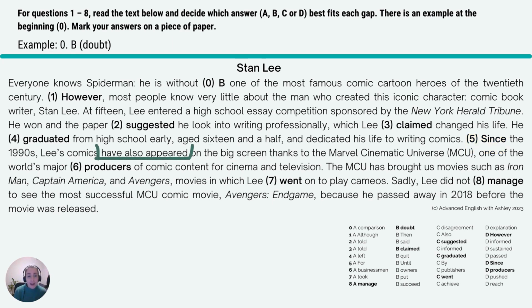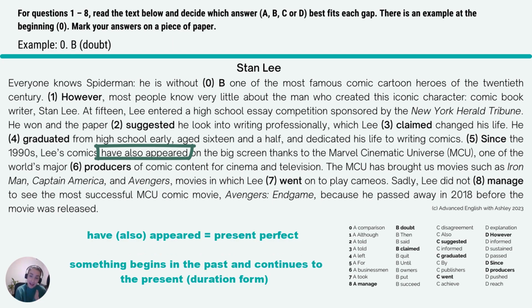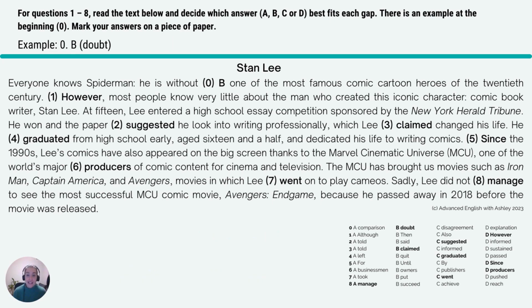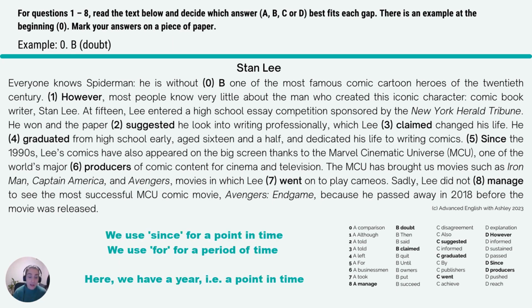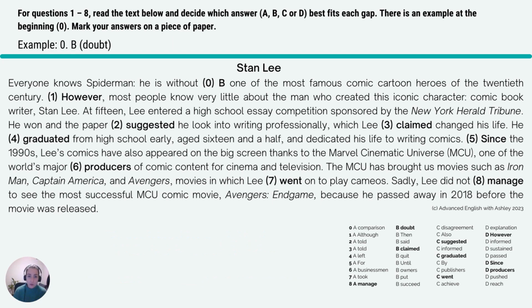But we have the duration form, have also appeared, which indicates that something starts in the past and continues into the present. This means that we have to use since or from, depending on the time reference that we have there. So in this case, we have a date, a specific time, so we have to use since the 1990s. The other options do not work.